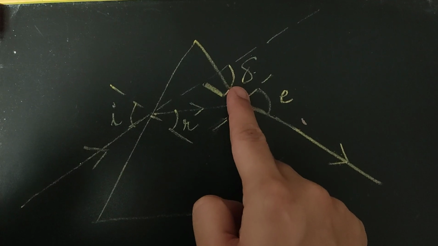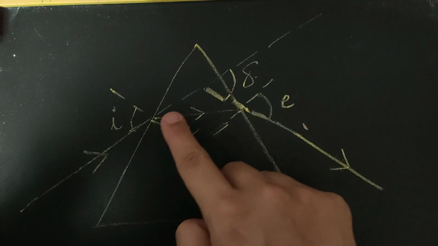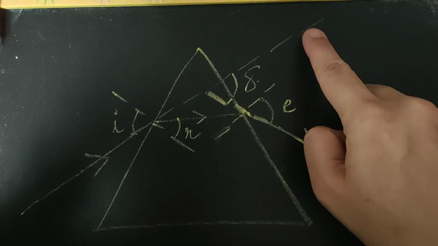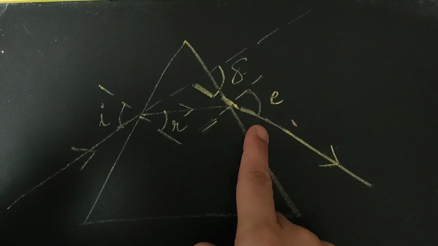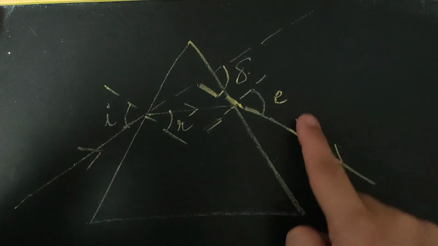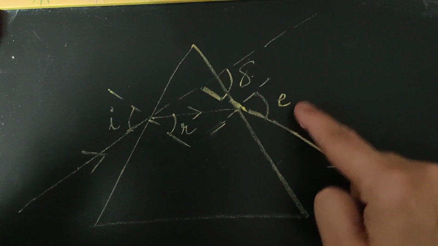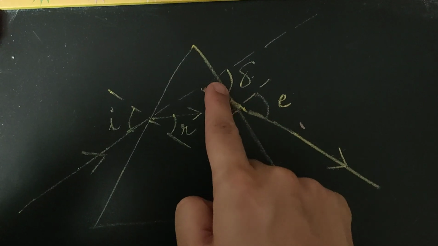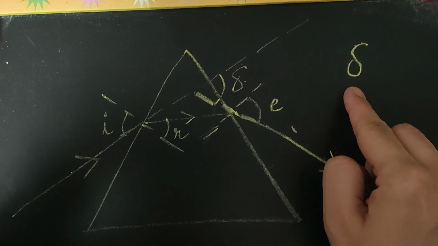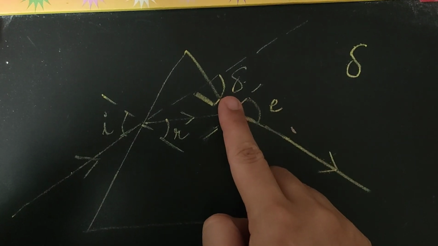It is the angle between the path which light would have followed when the prism was not there and the path which light has actually followed. प्रिज्म ना होता तो लाइट ऐसे जाती, प्रिज्म है तो लाइट यहाँ से गई है, तो इन दोनों के बीच का एंगल इज एंगल ऑफ डेविएशन. दिस इज द सिंबल डेल्टा, एंगल ऑफ डेविएशन.